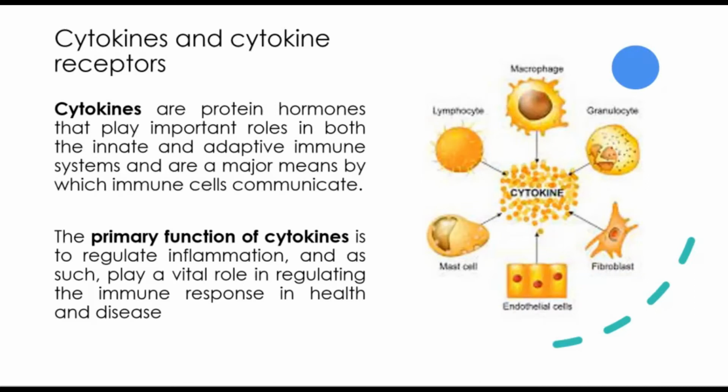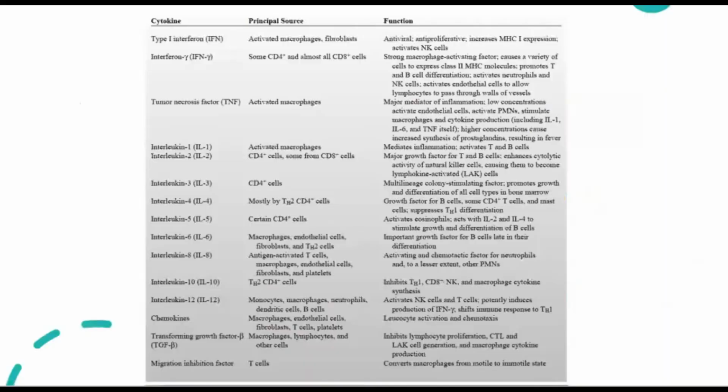So cytokines can control connective tissue, fibroblasts, endothelial cells, mast cells, lymphocytes, macrophages, and granulocytes. Moving on, this table is the list of all the cytokines, the principal source, where each comes from, and its functions as well. The interleukins were mentioned earlier, and you will see more detailed versions of them later in our figures, during the cellular signaling process.